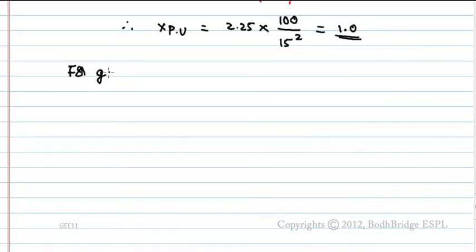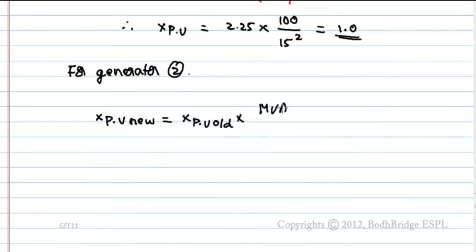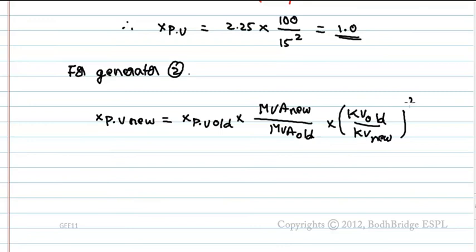For generator 2, X per unit new equals X per unit old into MVA new by MVA old into kV old by kV new whole square.